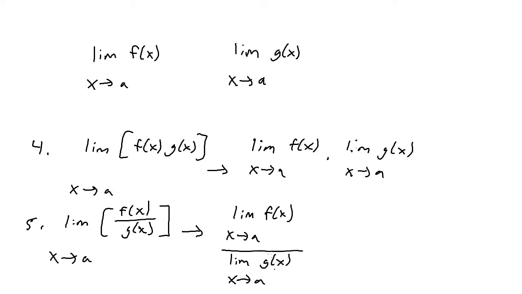And just make sure that the limit of g of x as x approaches a does not equal 0, because if it equals 0, then we're basically dividing by 0, and obviously we can't do that. So another restriction we had to put is also that the limit of g of x as x approaches a cannot be equal to 0.